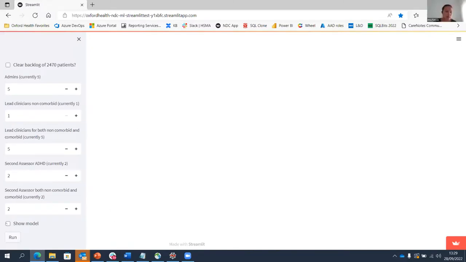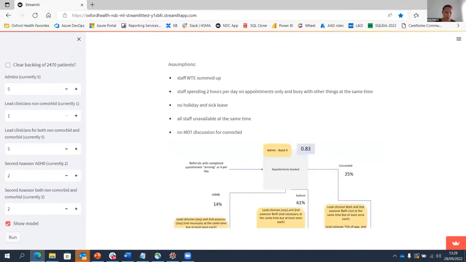I thought I would include in the tool the model and the assumptions first of all, because I think it's really important to be very clear on the assumptions. I have summed up the staff whole-time equivalents, and I'm assuming the staff are spending 2 hours per day on appointments, and are busy with other things at the same time. Why 2 hours?